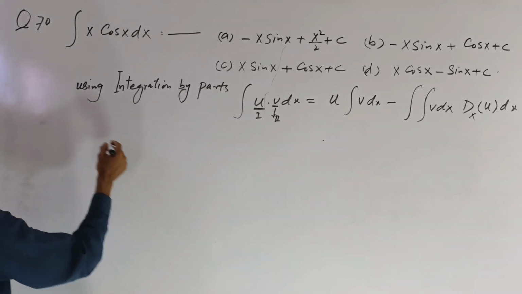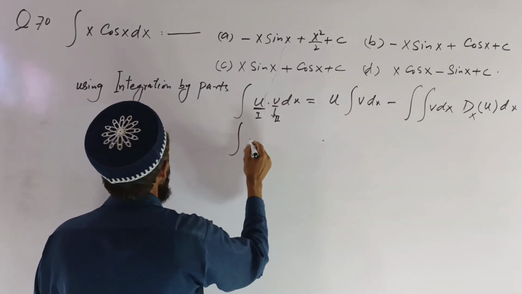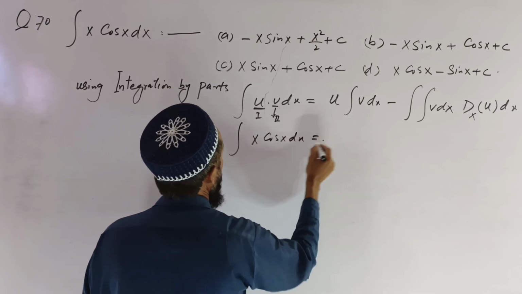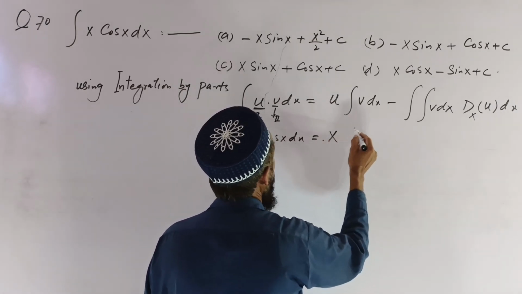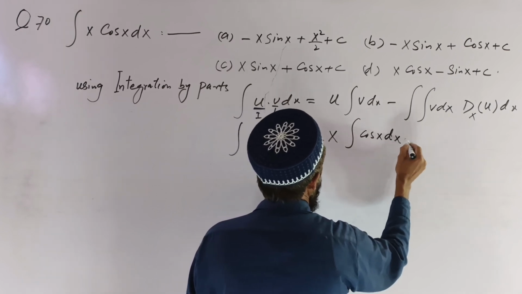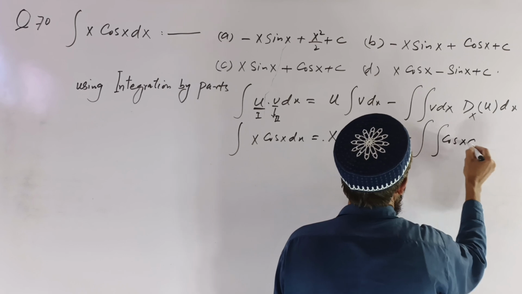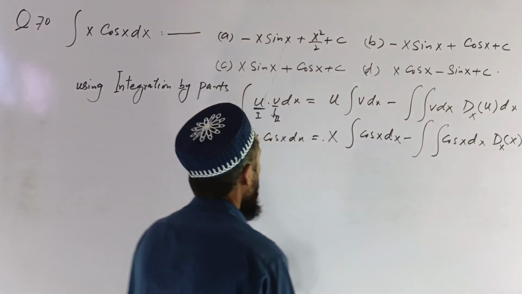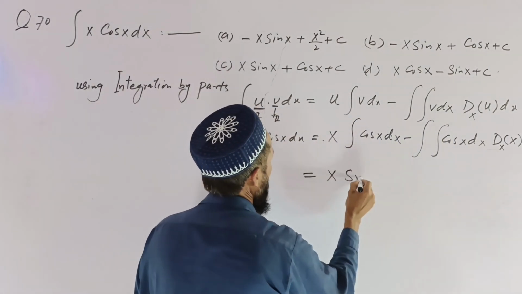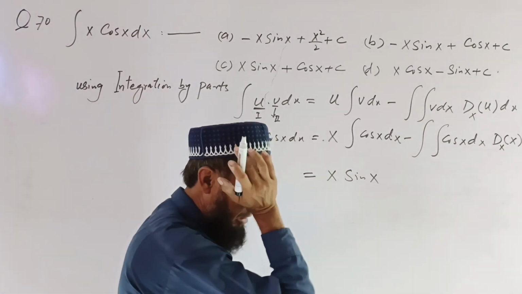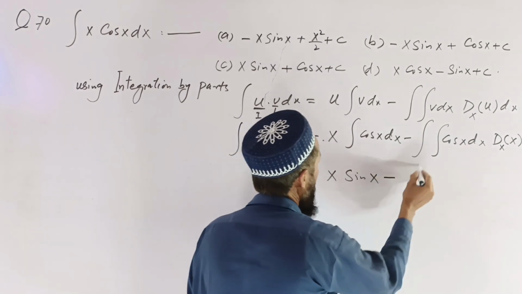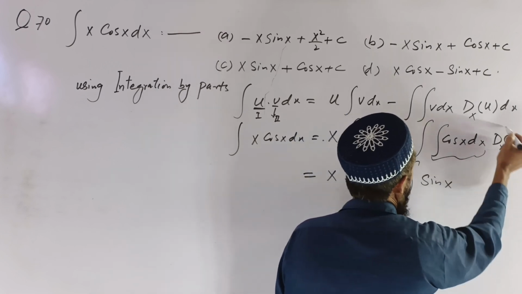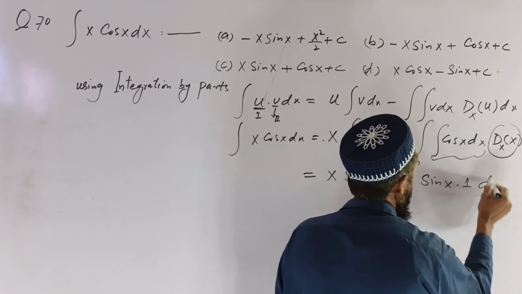According to this formula, for the integral of x cos x dx, the first function is x and the second is cos x. The integral of cos x is sin x, minus the integral of the derivative of x, which is 1, times sin x dx.